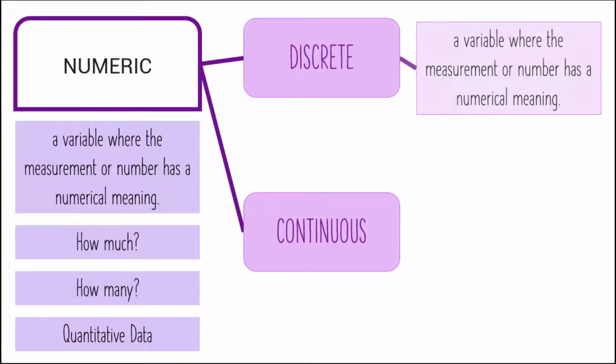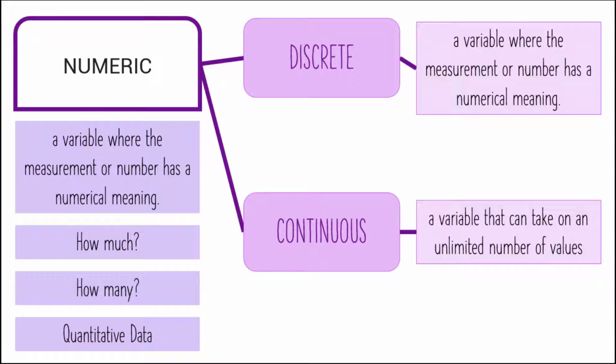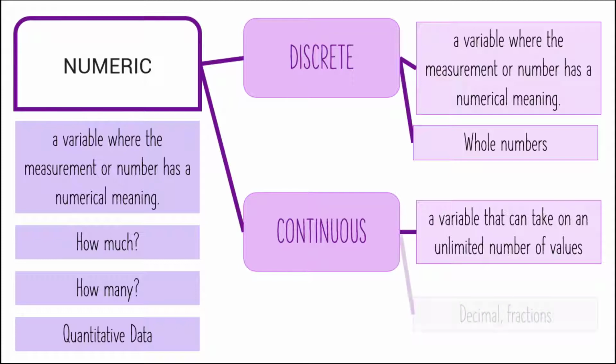Discrete variable is a variable where the measurement or number has a numerical meaning. However, continuous variables are variables that can take on an unlimited number of values. Thus, discrete variables always take the form of whole numbers, while continuous ones take the form of decimals or fractions.